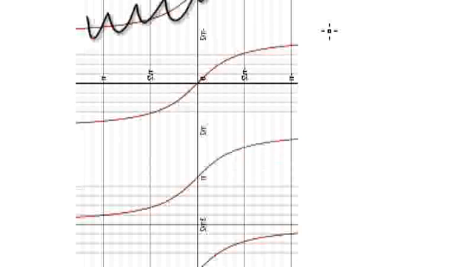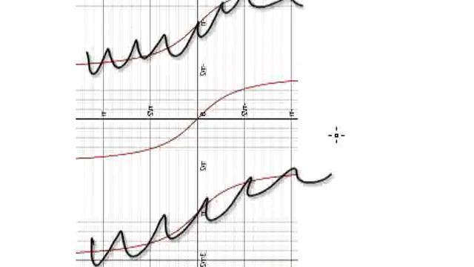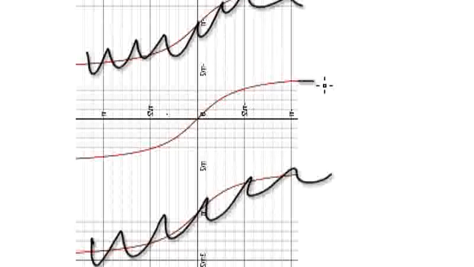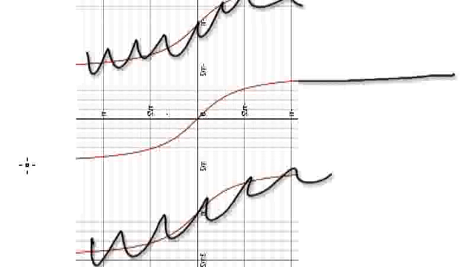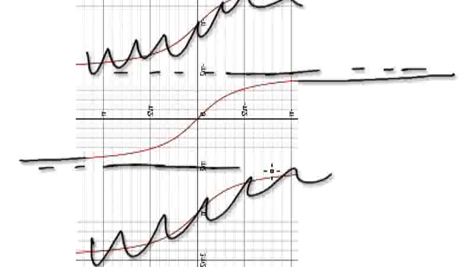By discarding all the other strands and just keeping one strand here, we will now have ourselves a function. And don't forget there is a horizontal asymptote here.